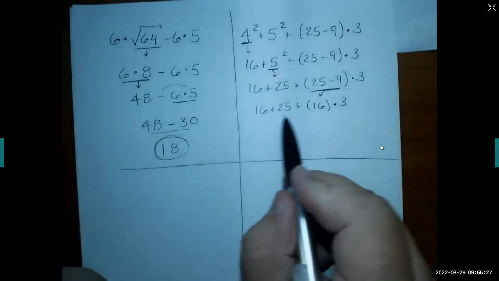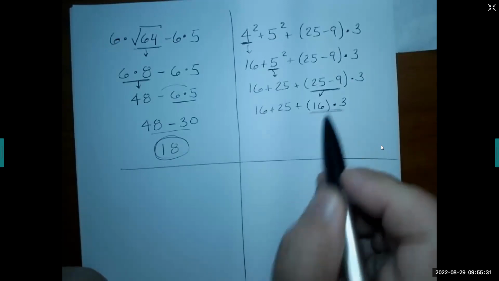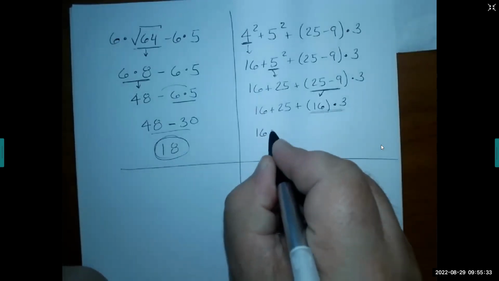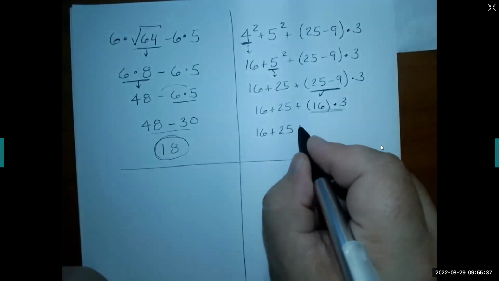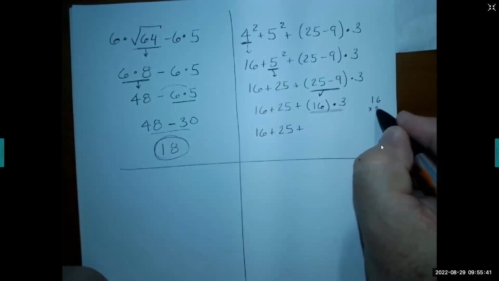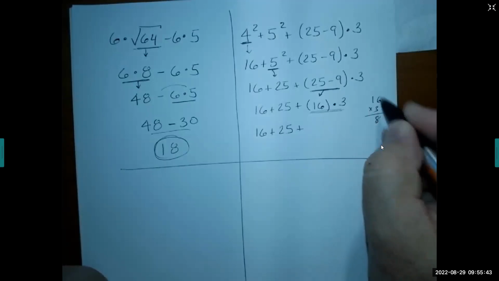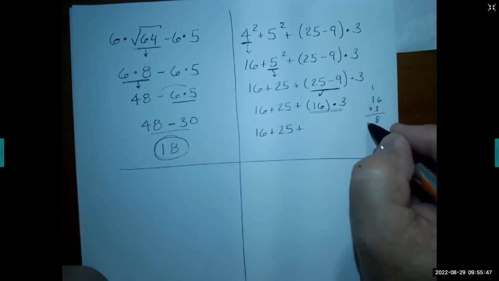Repeat the process, left to right. Here's parentheses, can't do anything there, so we do multiplication division. Three times 16. 3 times 6 is 18, 3 times 1 is 3, plus 1 is 4, it's 48.